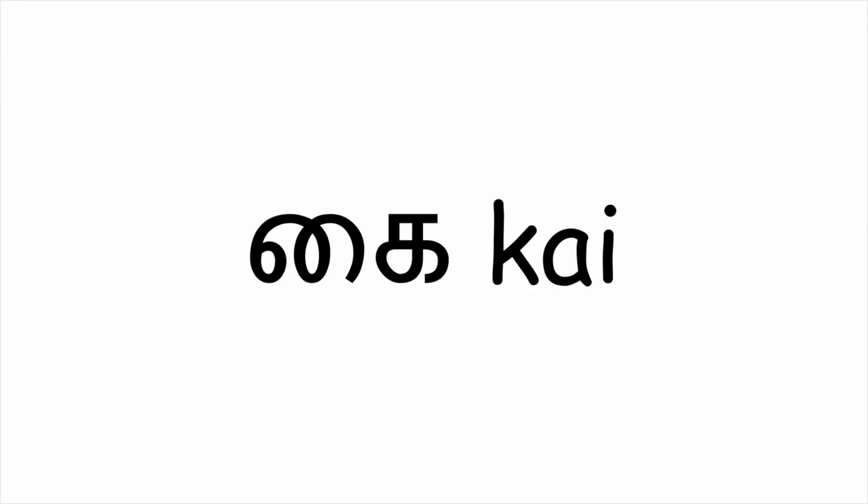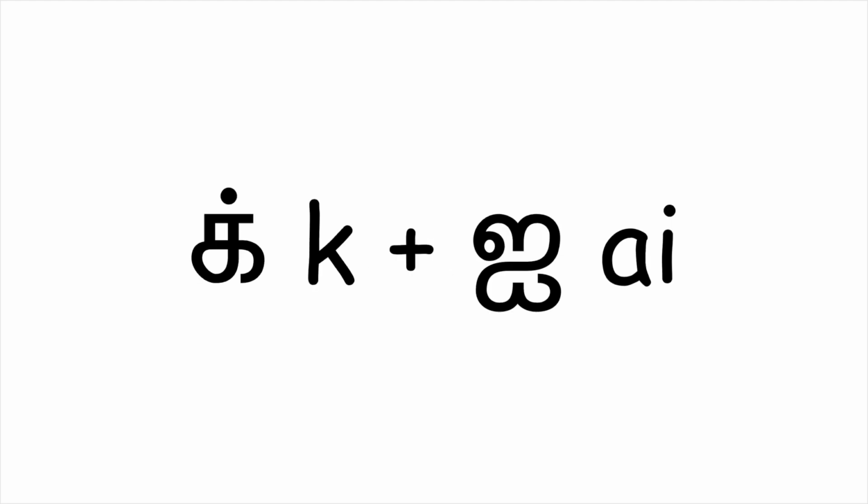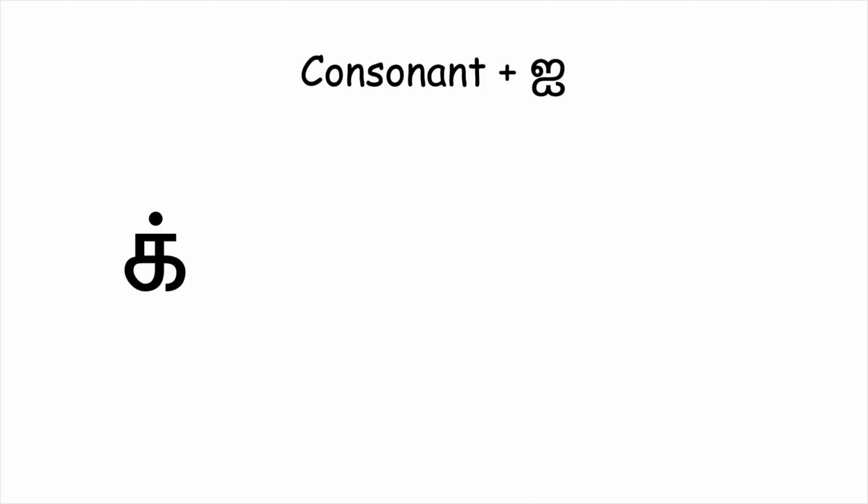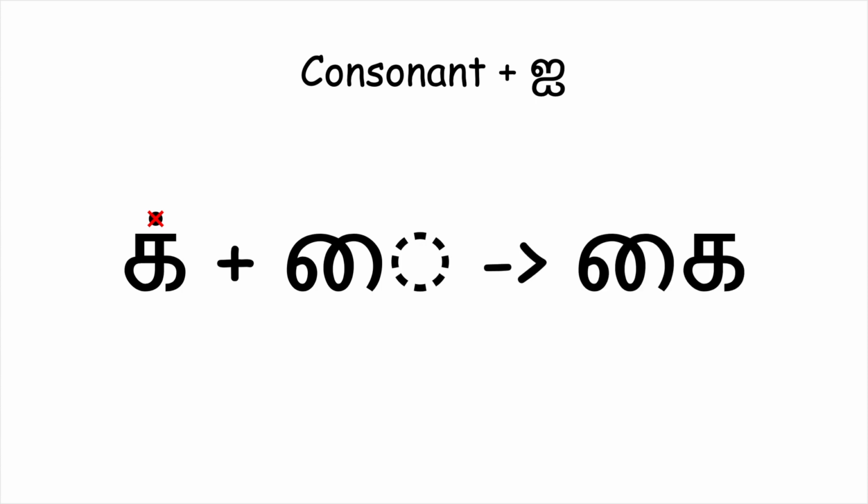This is the letter kai. It's formed from uk plus I. The pattern which applies to the consonant plus I combinations is to get rid of the dot and add this pattern to the front. So when we apply this to uk, we get kai.